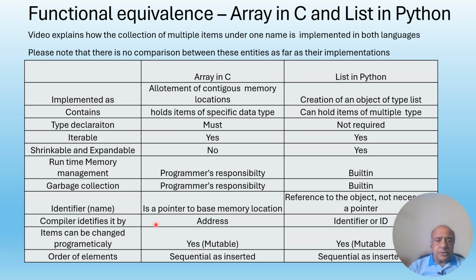Array is identified by compiler by its address in C, whereas in Python every list declared and defined is allotted with some kind of an int number which is called identifier. So that number identifies the list, whereas in C, array is identified through its address. Can we change the items in both during runtime?